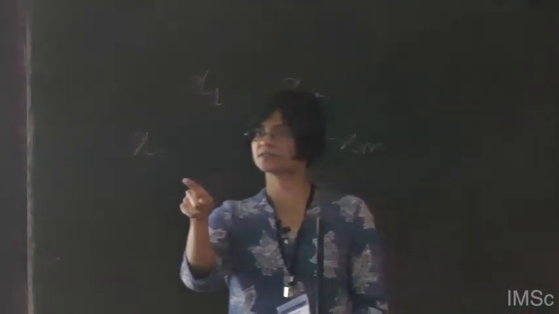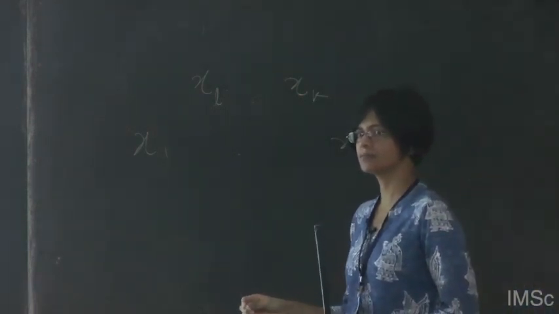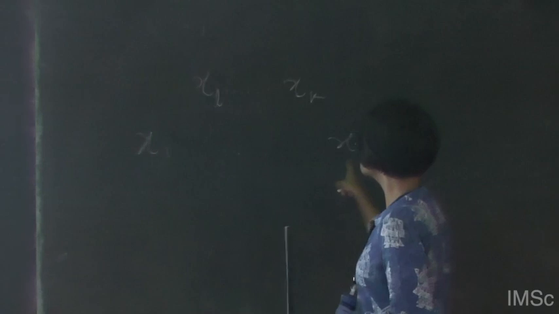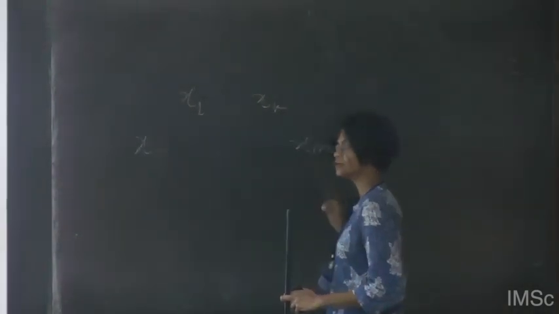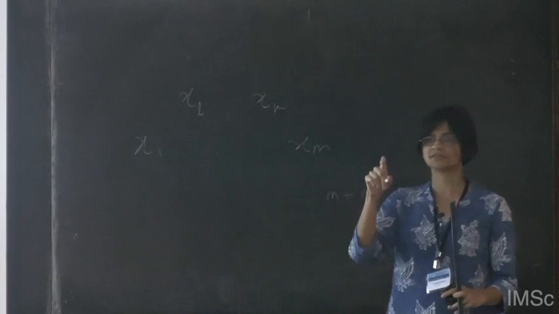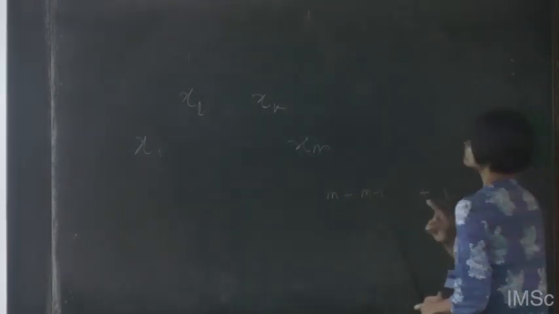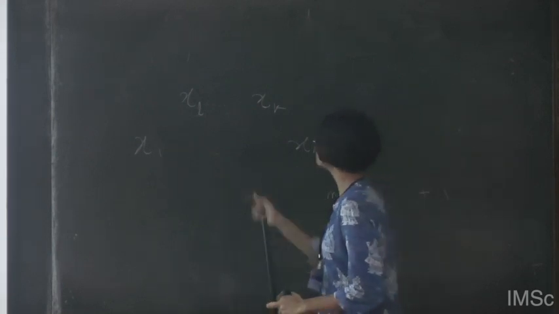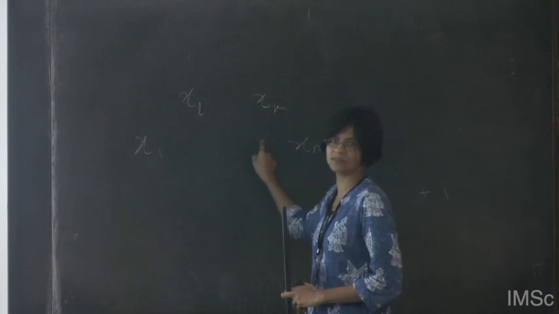Your answer first. M plus... no, m. One length substrings will be m. Alright. What was your answer? So it's not really a power set, because you can't have arbitrary sequences.